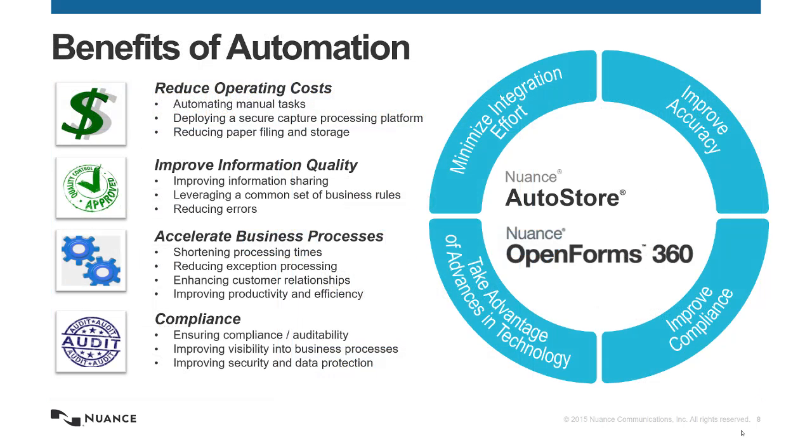That will then provide us with the automation benefits that we saw at the beginning: to reduce operating costs, improve information quality, accurate business processes, and full compliance and security enablement. Thank you. This is now the end of the e-learning.